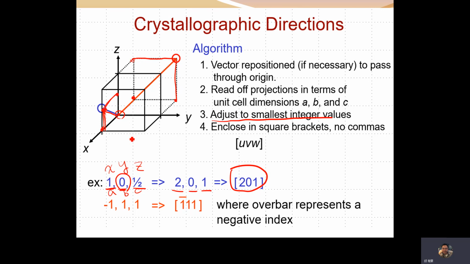Therefore, we can find out its projection in terms of the unit cell dimensions A, B, C is -1, 1, 1, and we put the minus sign using the overbar to represent it. Therefore, we use these Miller indices to define the vector.